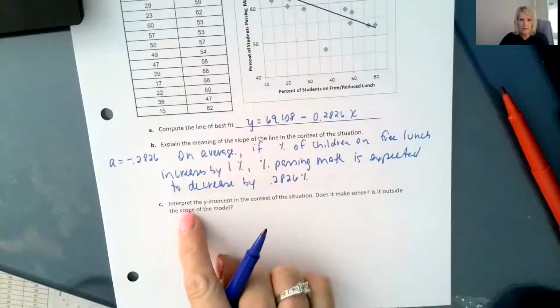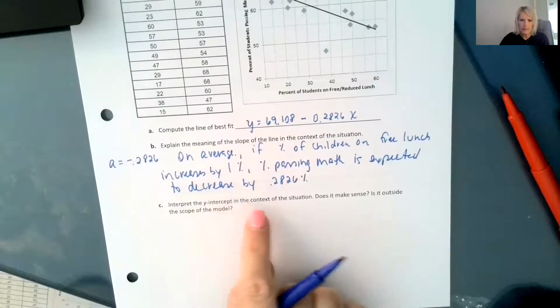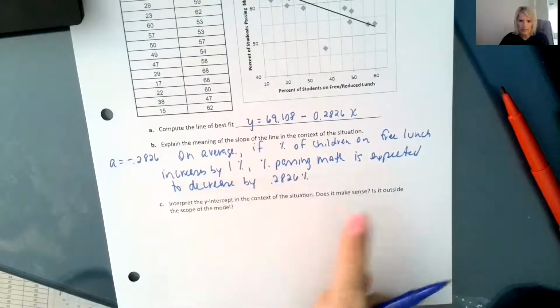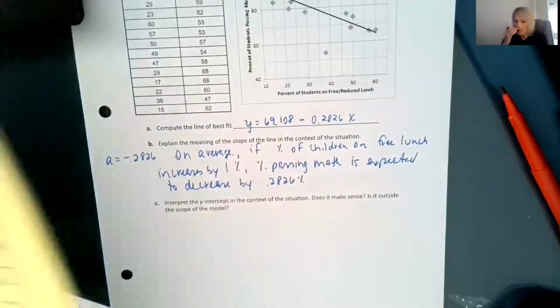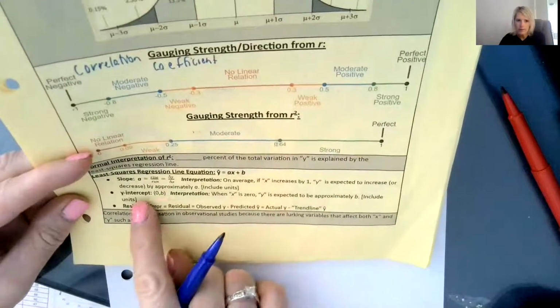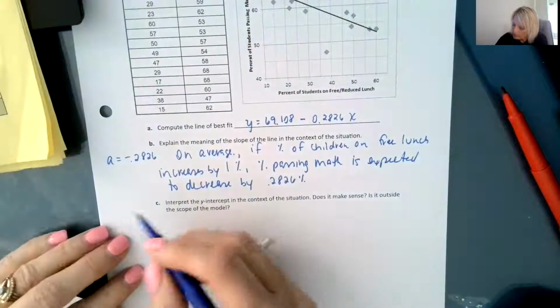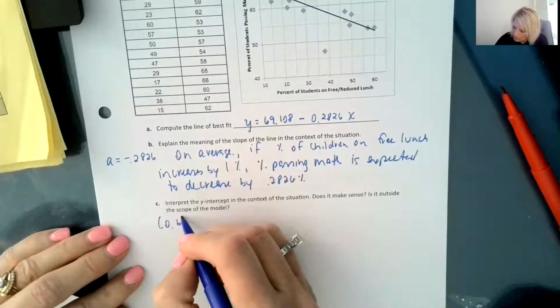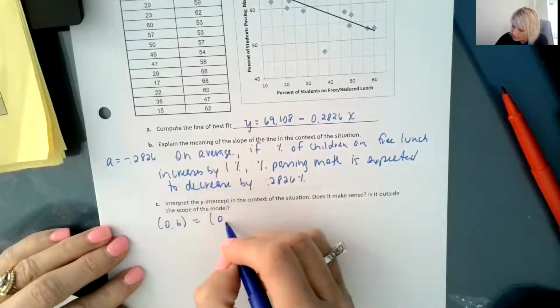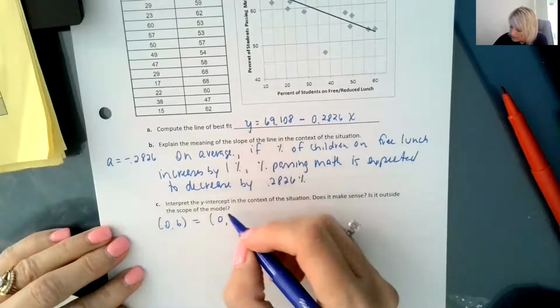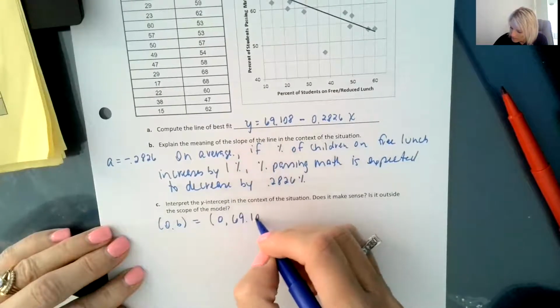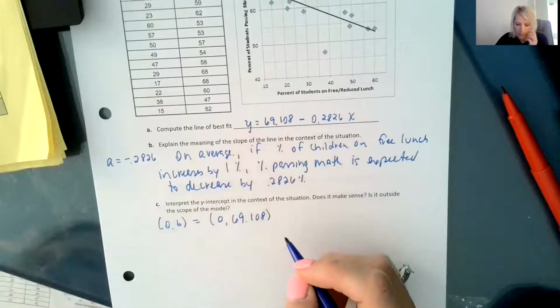Letter C says, interpret the y-intercept in the context of the situation. Does it make sense? Is it outside the scope of the model? Again, we're going to the yellow sheet. Our y-intercept is (0, b), so in this case it's (0, 69.108).